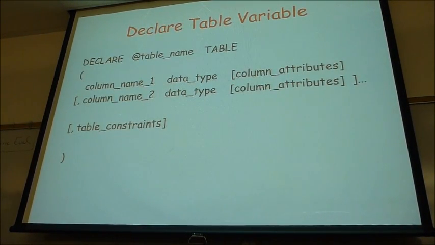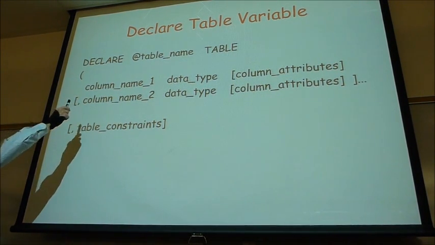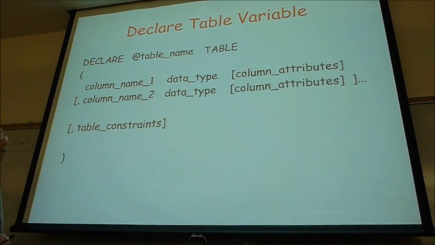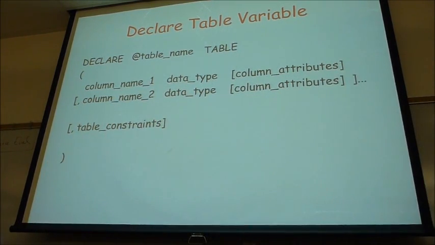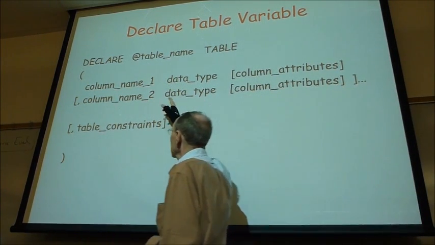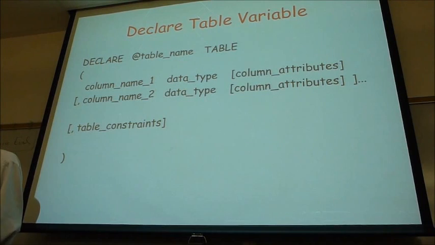It's just like creating a variable. We use the declare keyword. We have to use the at sign in the table name. And in this case, our type is table. Now it's going to hold a record set, a compound type, based on the selection of the columns and the types that we're going to use in there.